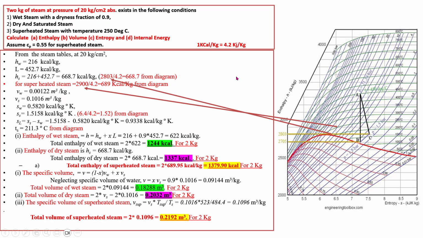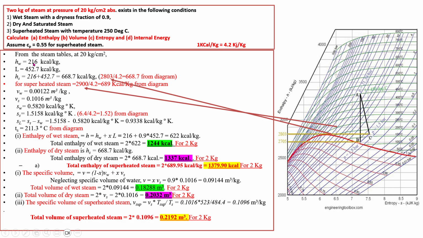So from the steam table, not the diagram, if you look at 20 kg per centimeter square and wet steam of dryness fraction 0.9, or superheated steam at 250 degrees centigrade, all these figures you will find in the steam table at 20 kg per centimeter square.